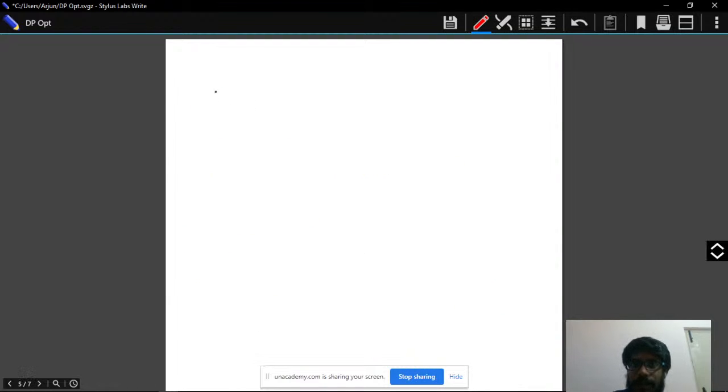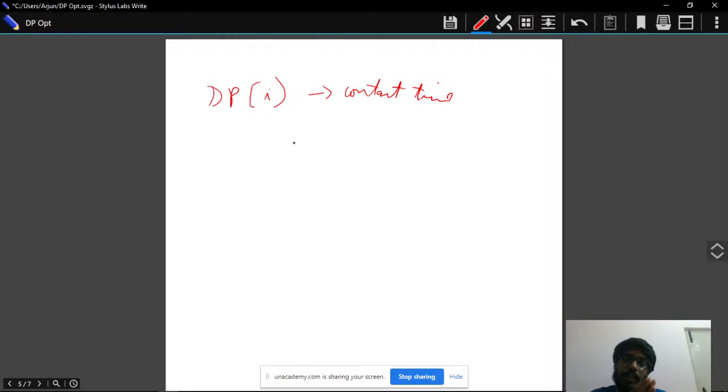So generalizing, after the first i minus 1 steps, I can compute dp of i in constant time, because I'll just do dp of i is dp of k of i plus cost of k of i plus 1 comma i. And why does this work? This again works because dp of i has been given all the i minus 1 choices in the first i minus 1 steps to find the best k of i.